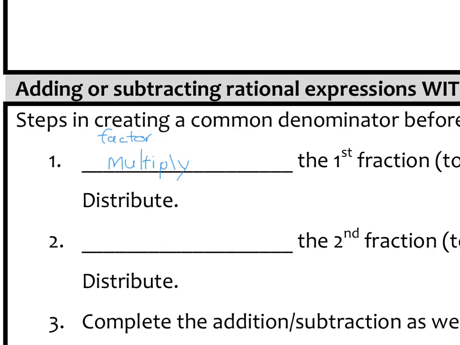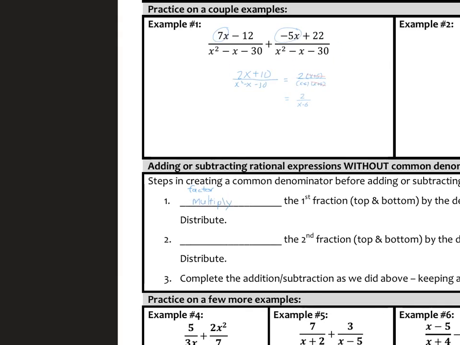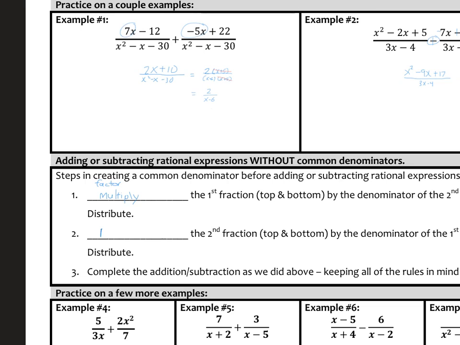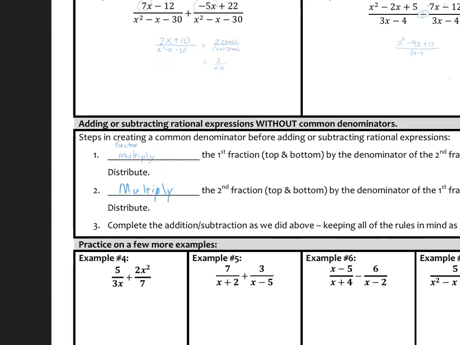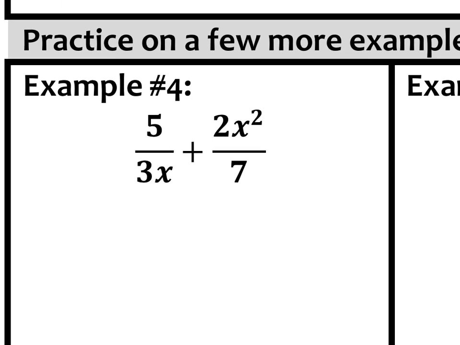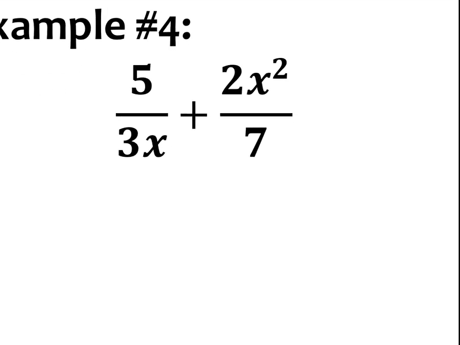So we're going to multiply the first fraction, top and bottom, by the denominator of the second fraction, and multiply the second fraction, top and bottom, by the denominator of the first fraction. Then we're going to do exactly what we did above: add the numerators, carry over the denominators, and factor and simplify.